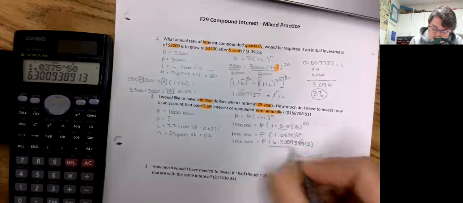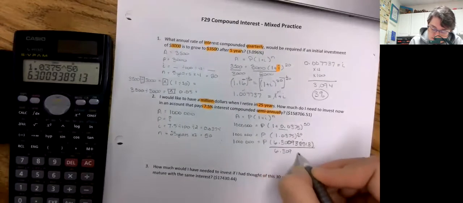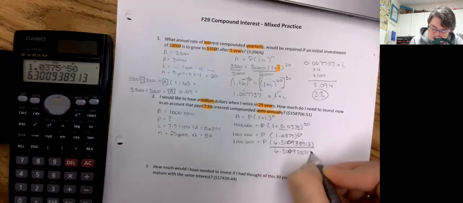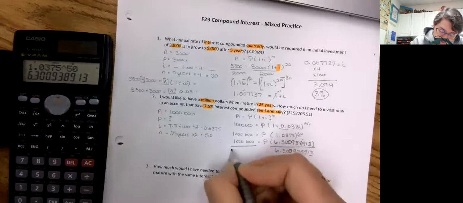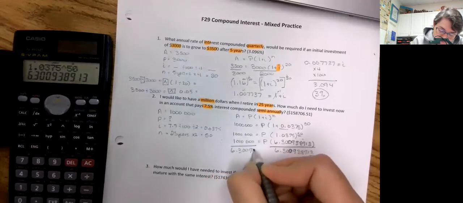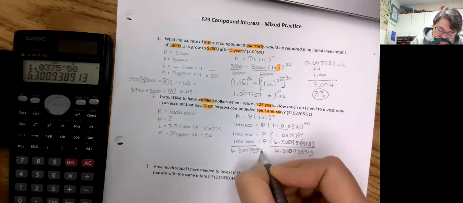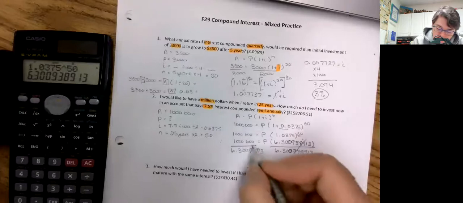So then I'm going to divide this side by 6.3009. Oh, see, I did it again. And you divide this side by 6.30093. So those are going to cancel, and away we go.